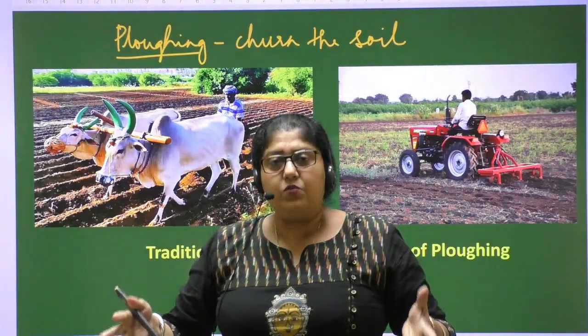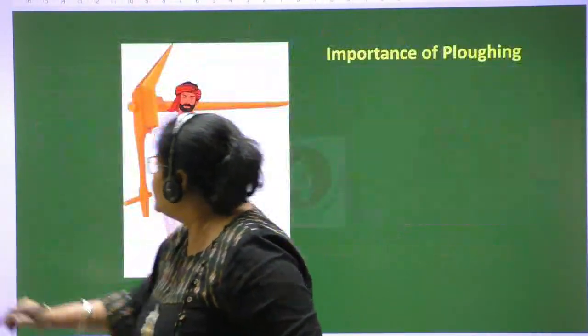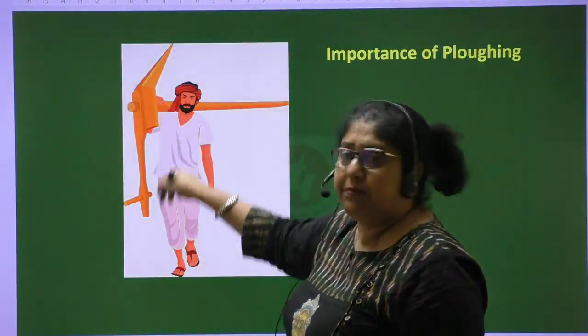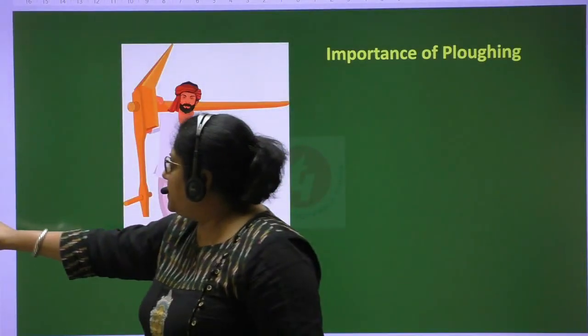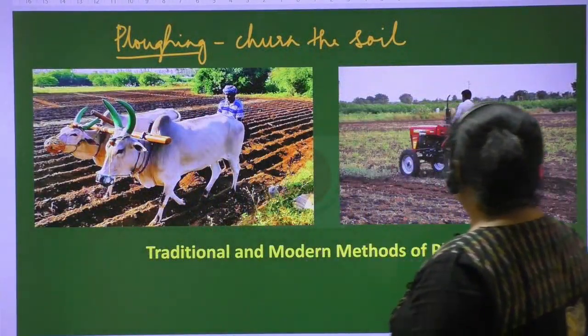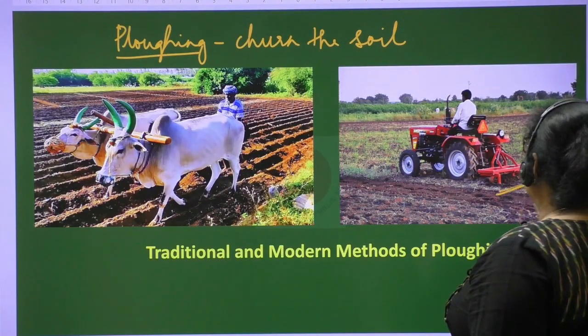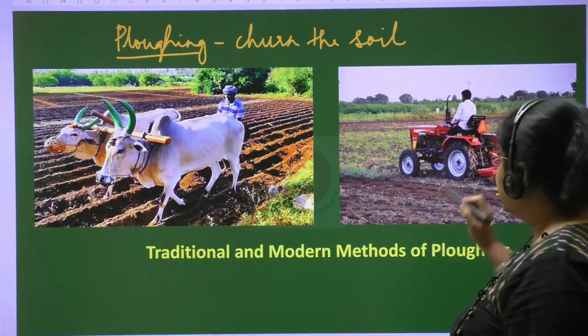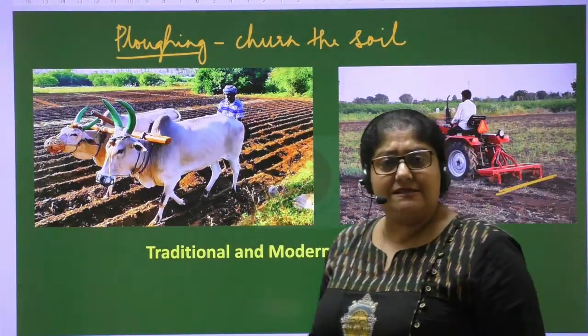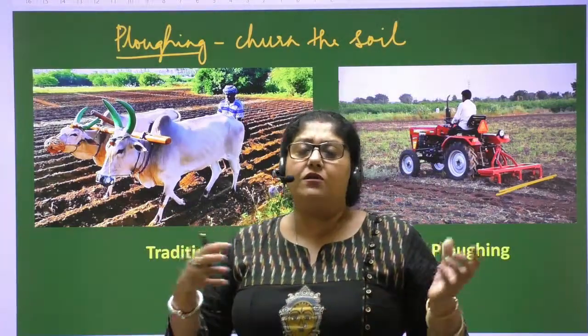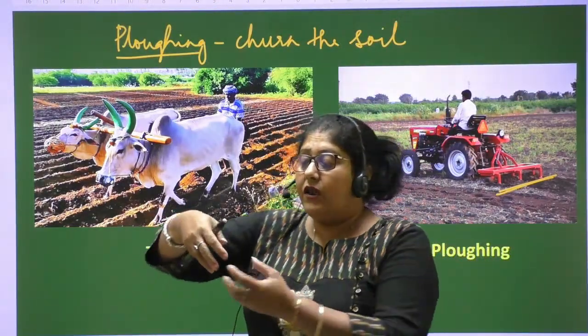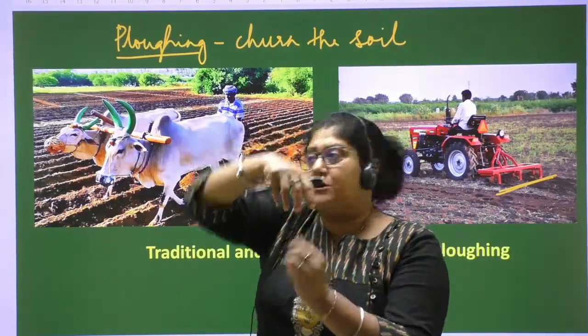Now this plow, which is an instrument, looks something like this. This is a traditional plow, or it could be a series of such plows if it is tractor driven. Whether it is a traditional one or a tractor driven one, they all have these ridges at the bottom.